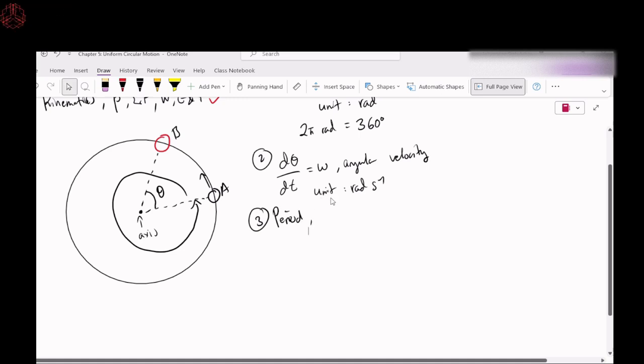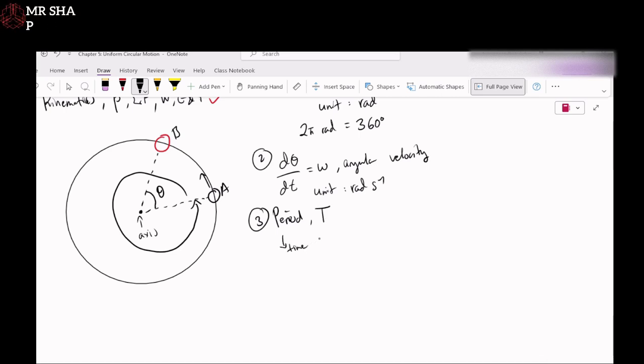Generally we will use the symbol T for it. So period is just time to return to initial position. Again, this is just time, so it will have the units of seconds.